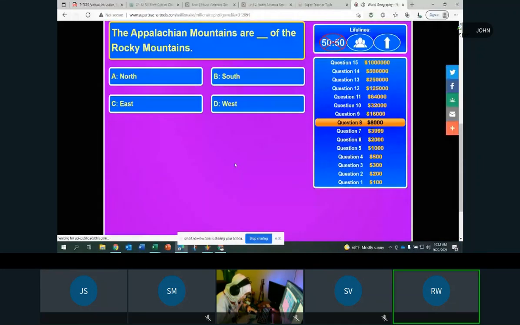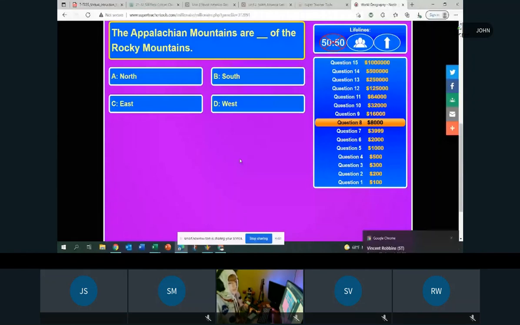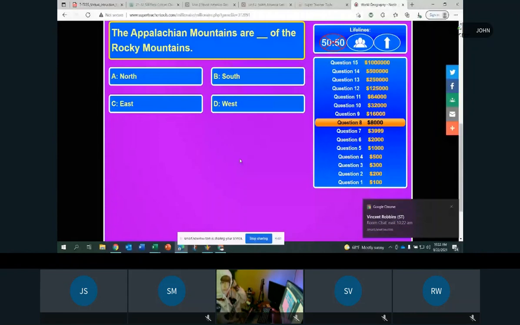The Appalachian Mountains are what of the Rocky Mountains? North, south, east, or west? Okay. So we know that the Rocky Mountains are on the west side and the Appalachians are on the east side.